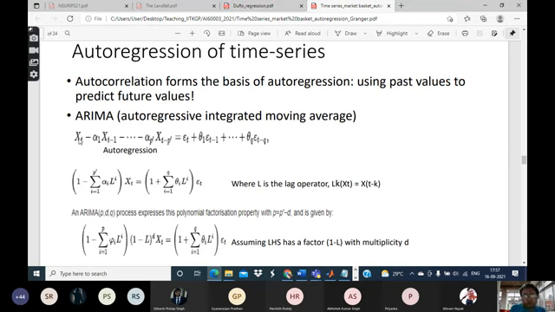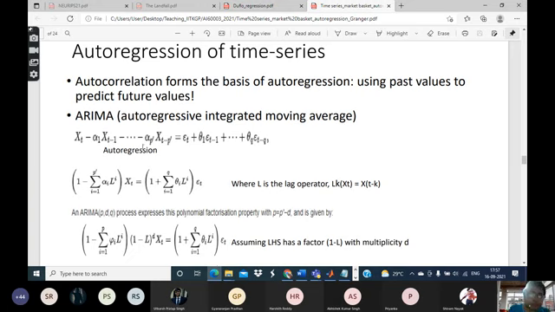Now, how do I combine those past values to make a prediction about the future? I can build any function which takes all these past values as the input, but the simplest function is of course the linear function. The linear function means each of the past values I multiply by some coefficient and add them together to make the prediction.